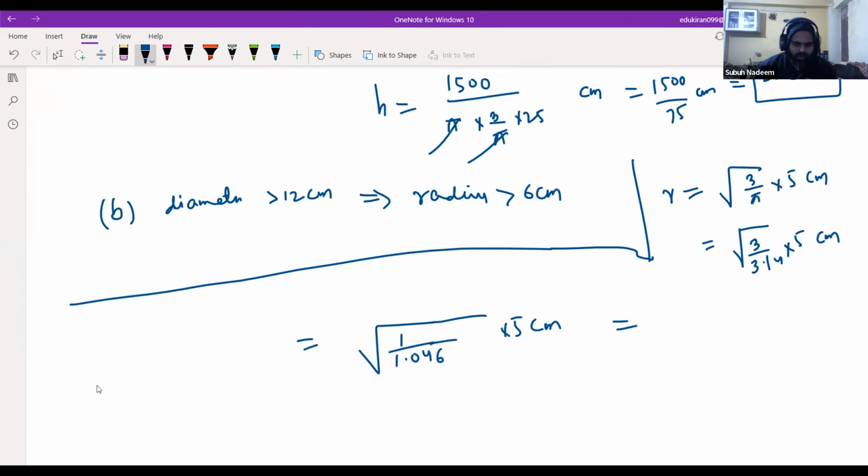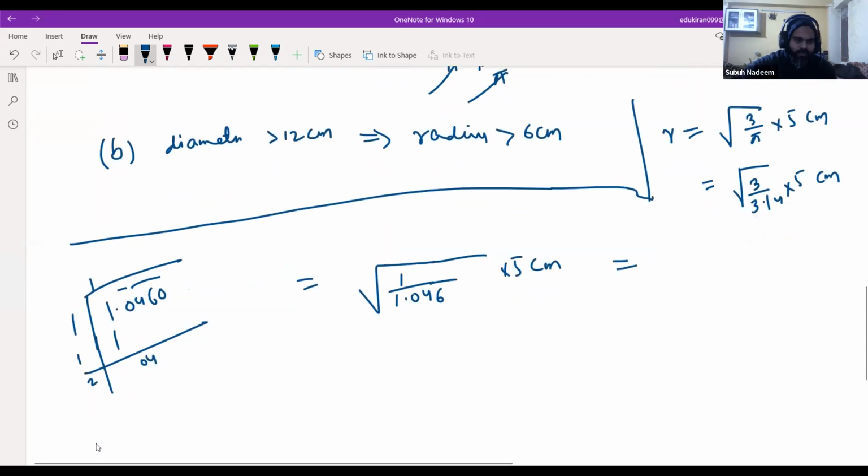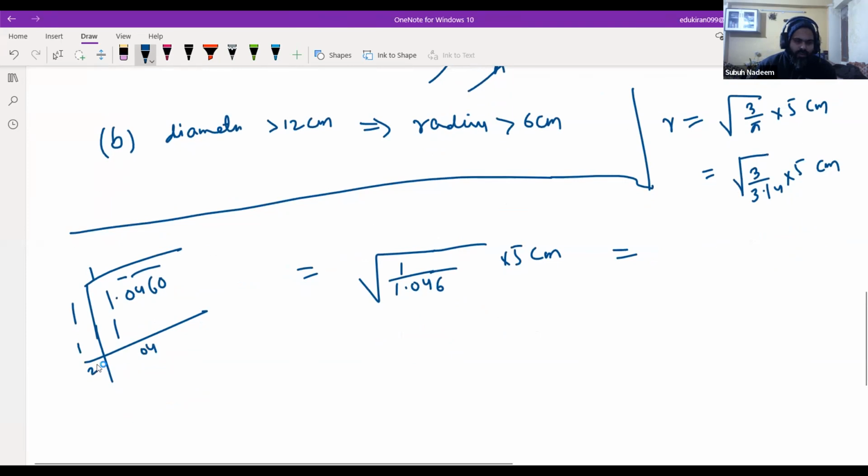On taking the square root, as we used to do, it is almost 1.02.